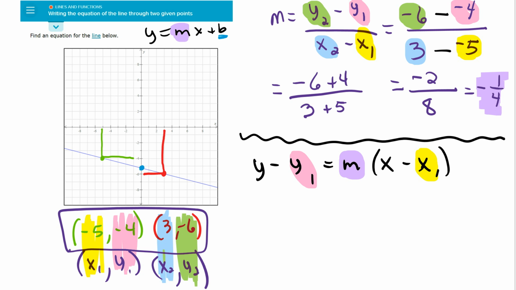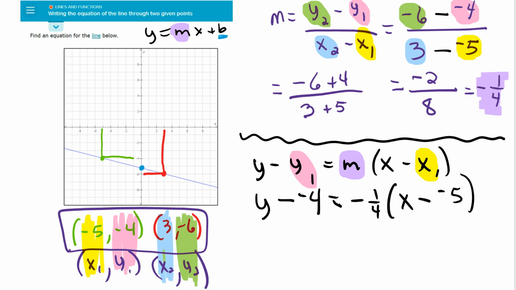I'm going to plug those in. So this is going to be y minus, pink was -4, equals, the slope is -1/4 times x minus yellow, which is -5.